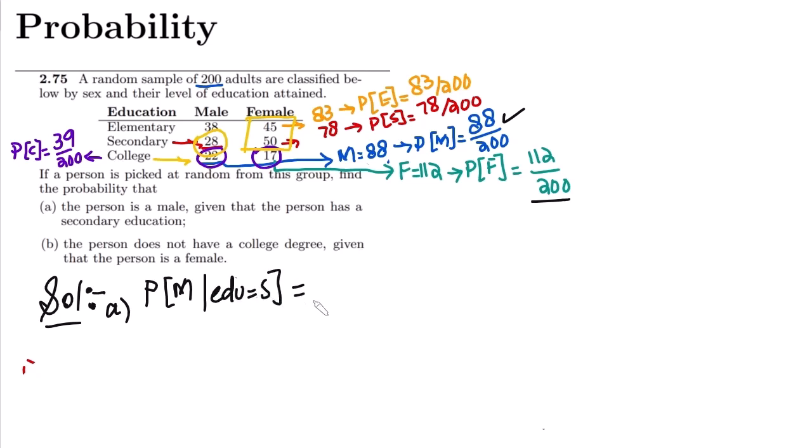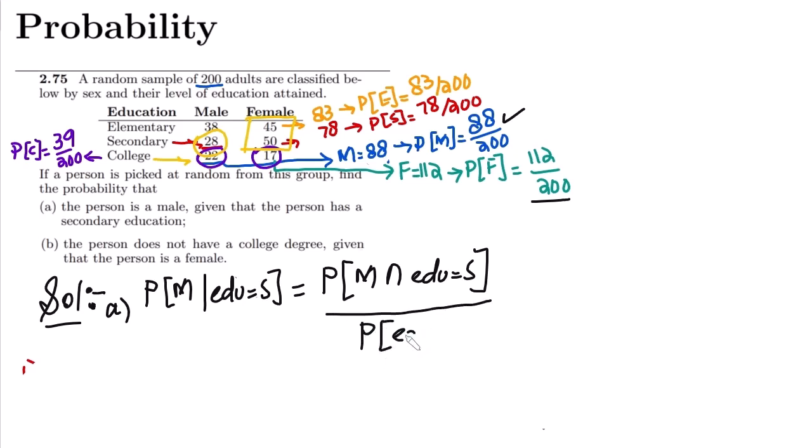By using conditional probability, we can write the probability that a person is male and his education level is secondary, divided by the probability that the education level is secondary.